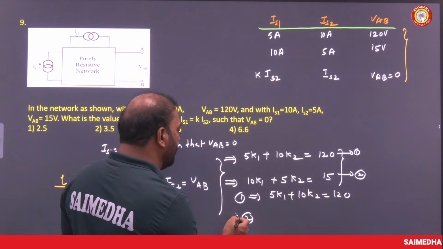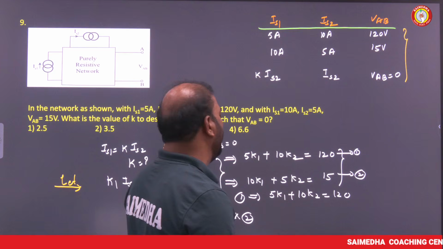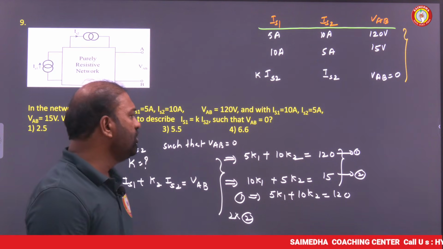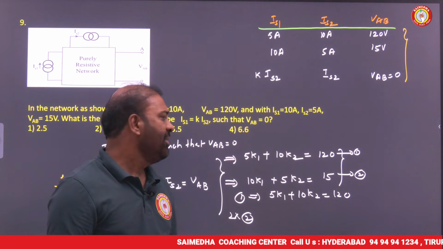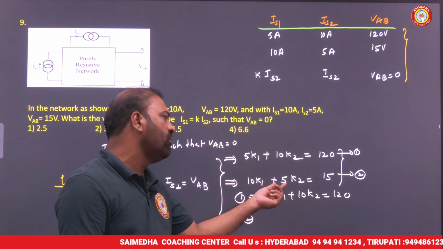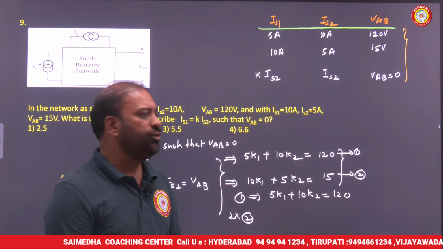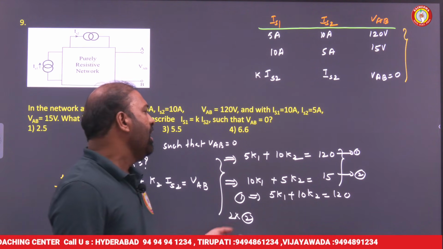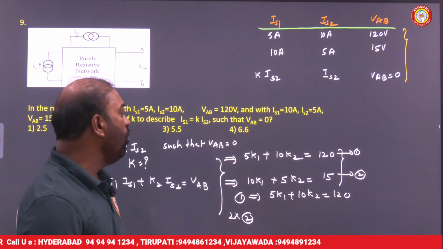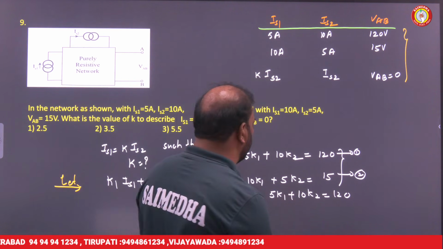But I'm going to multiply equation 2 with 2 in order to make the K2 coefficient the same. Here the K2 coefficient is 10, and here also I would like to make it 10. If I multiply this 5 with 2, I will get 10K2. That's why I am multiplying the whole second equation with 2.